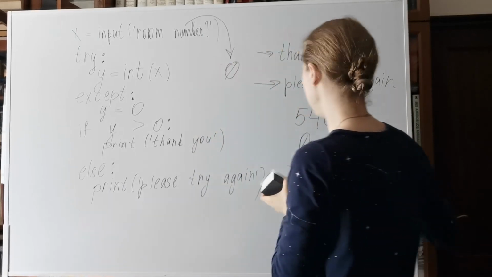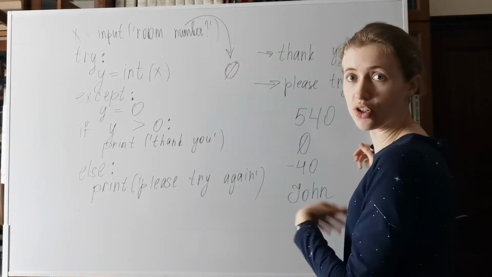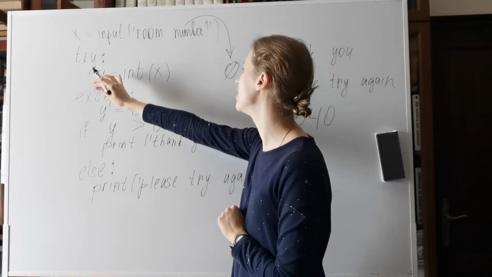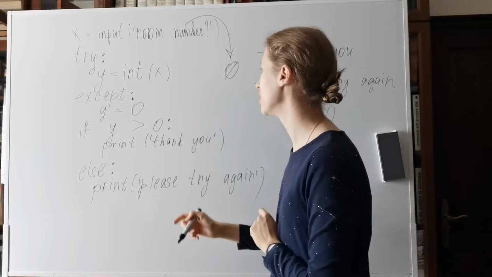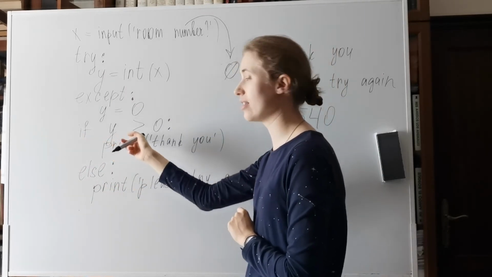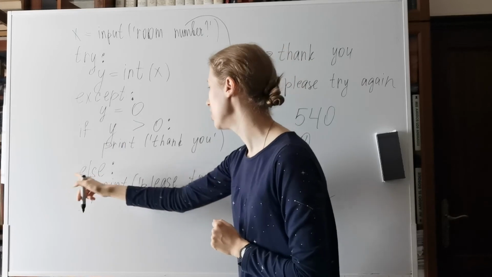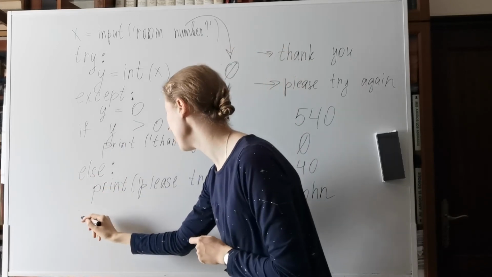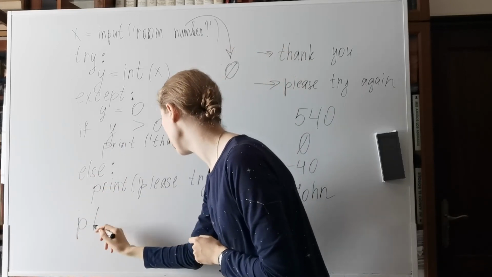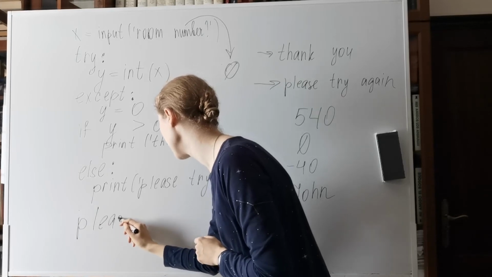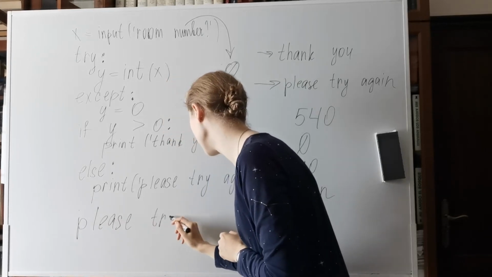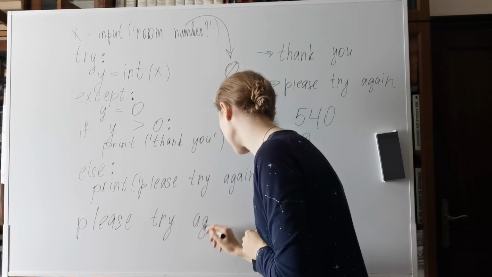Let's check now 0. So Python sees that this is relevant information. This is a number, so now it's an integer, but is it greater than 0? No, it is a 0. So Python comes here, and the output that John receives is "please try again."